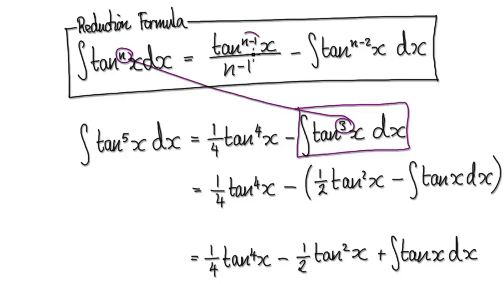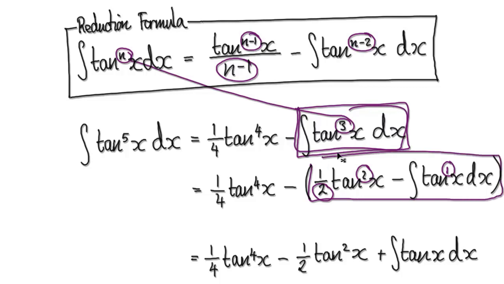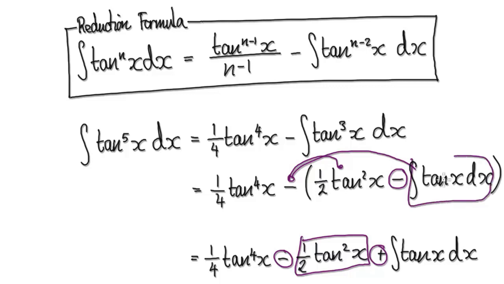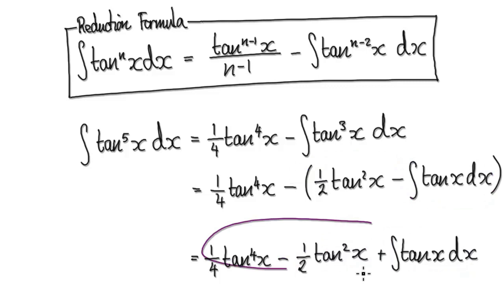So 3 take away 1, that would be 2. 3 take away 1, that would be 2. 3 take away 2, that would be 1. So this block here will then become this. And then this times this will give us a negative, this block. And then this times this will give us a positive, this block. So that will then take us to here.